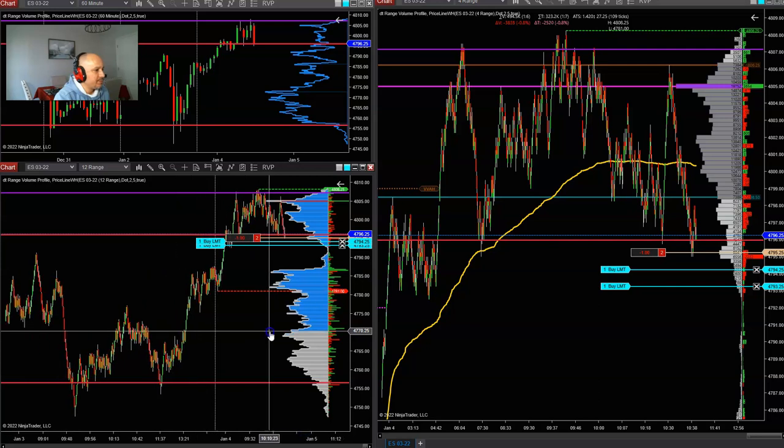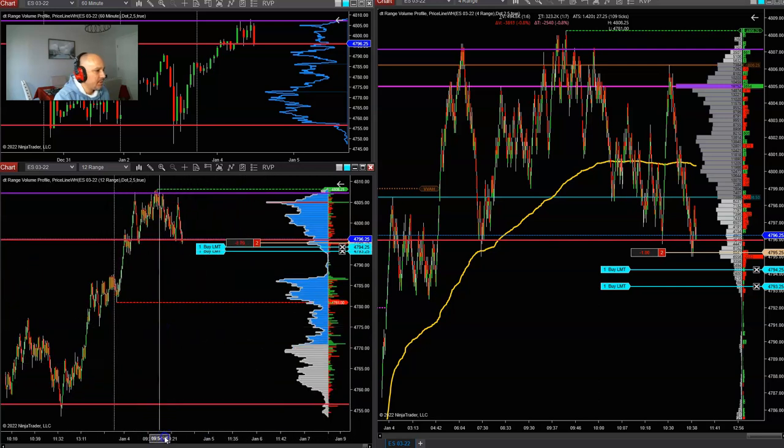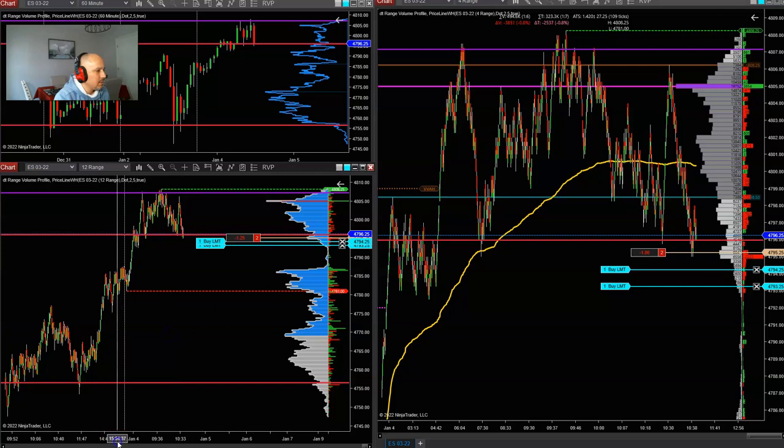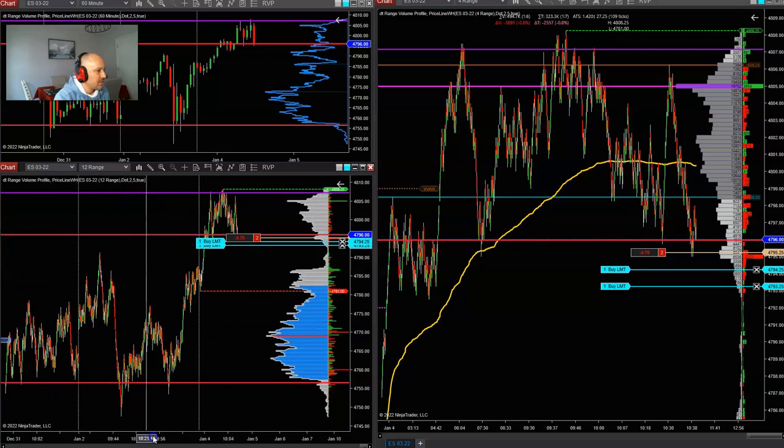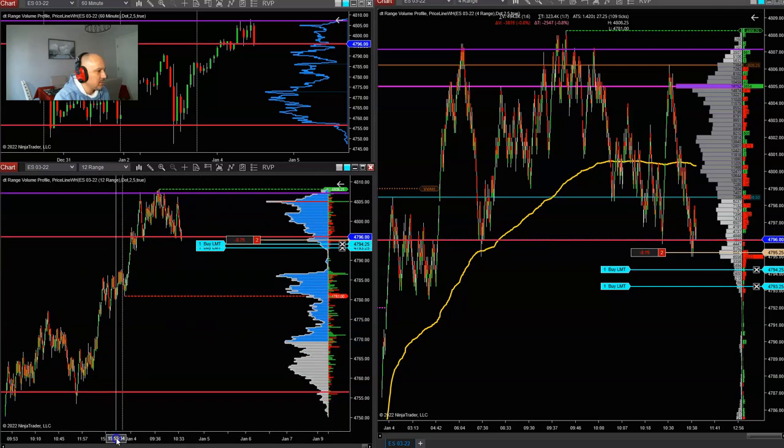Squeeze this in a little bit. It's kind of hard to do that. Let's see. Try to squeeze it in so you guys can see the area as well.